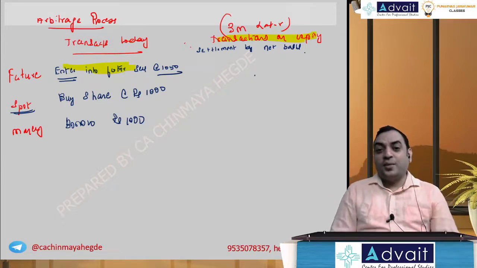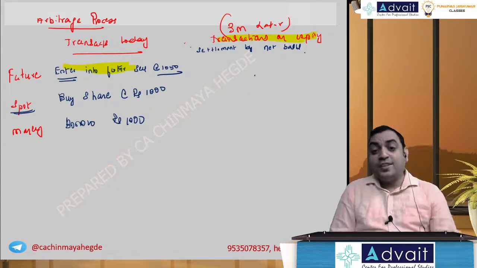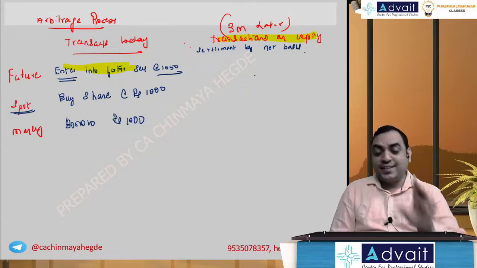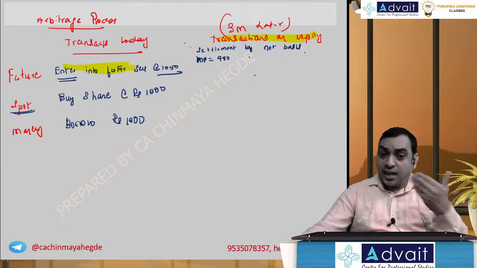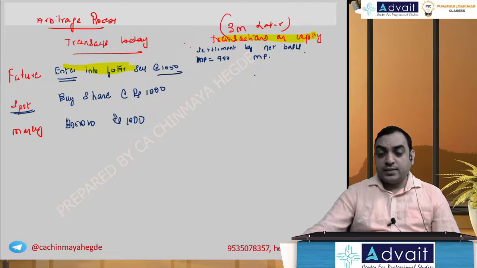But the beauty of arbitrage is that however much the amount may be, we should get the same answer. So let me assume the market price is 900, and let's say I'll also assume the market price is 1200.